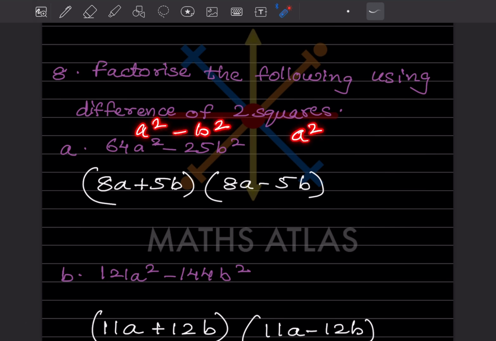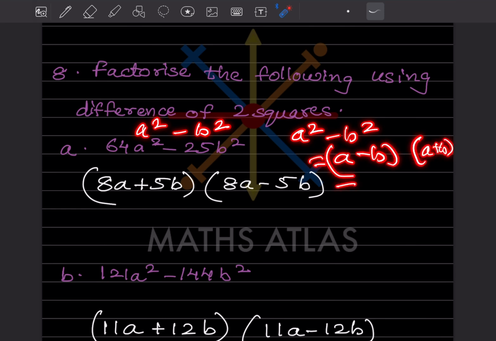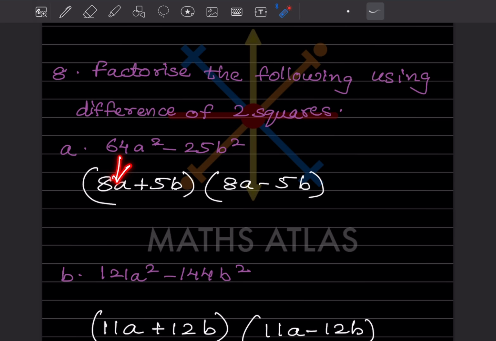The formula for a square minus b square is (a minus b)(a plus b), or it can be written as (a plus b)(a minus b). Both ways are the same. So a is what? As I told you earlier, you take the square root of this one and get 8a. So this is a plus b and this is a minus b. So this is the answer.